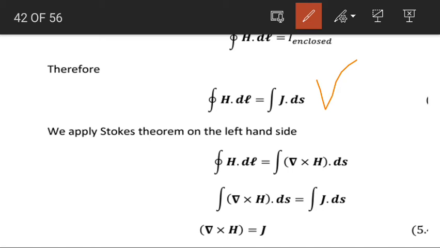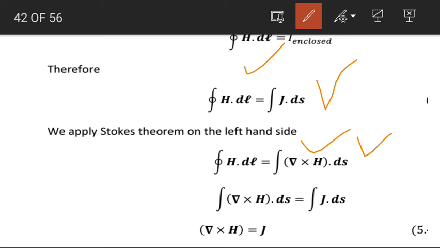We consider the left hand side of this particular equation, and we apply the Stokes theorem. According to the Stokes theorem, the closed path integration of the magnetic field intensity can be calculated with the help of this particular integration, and we have the integration of del cross H dot ds on the right hand side.